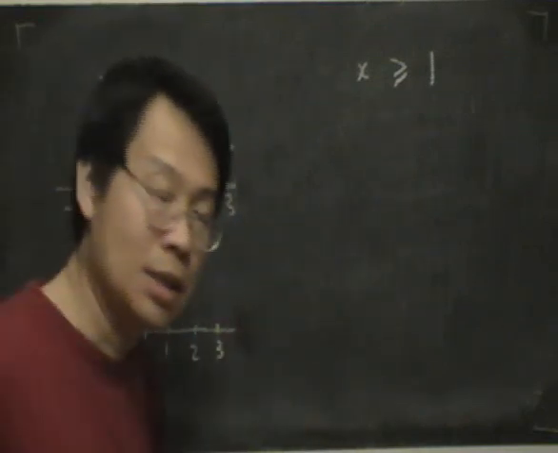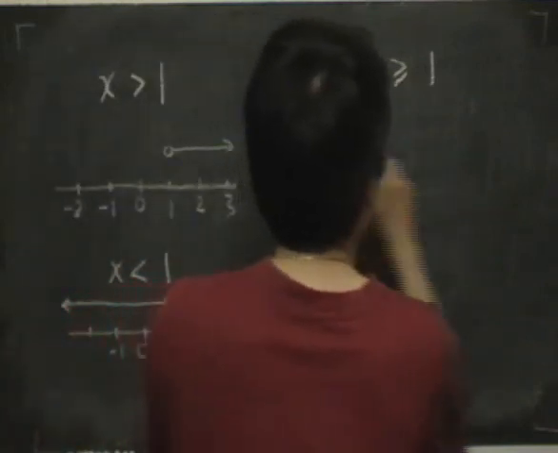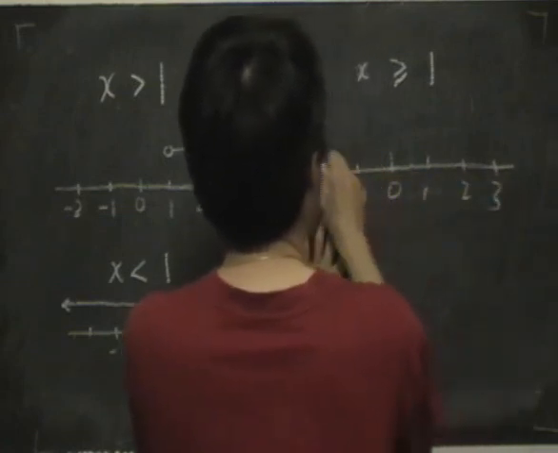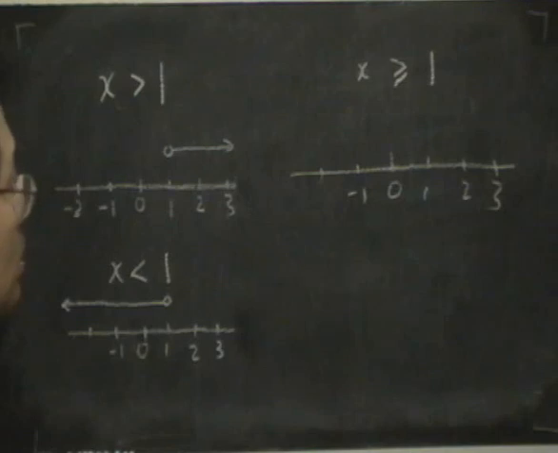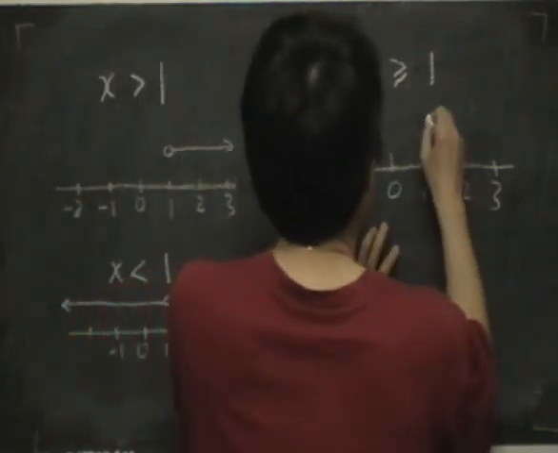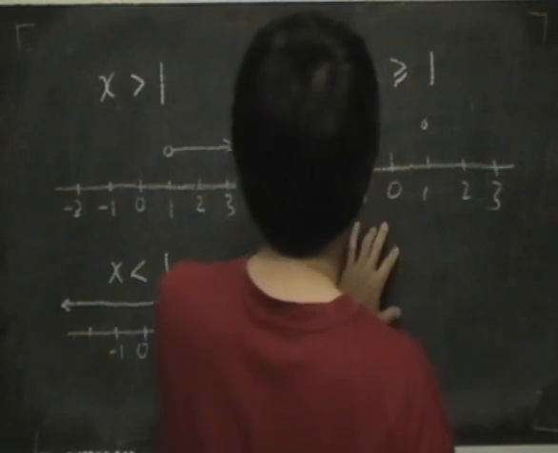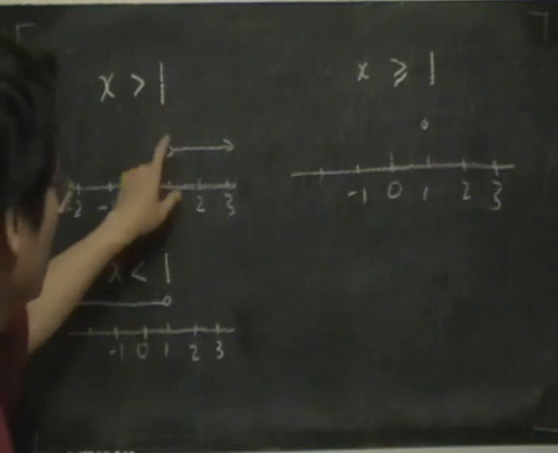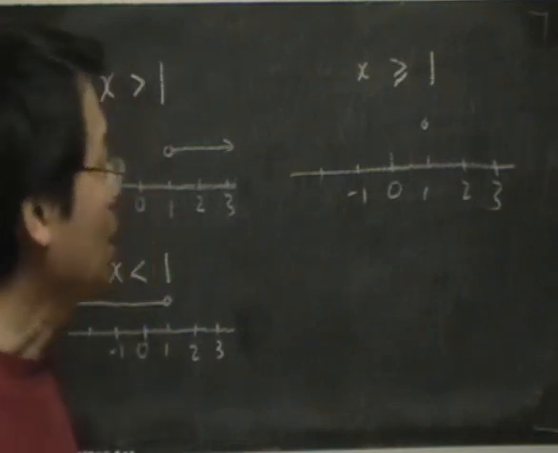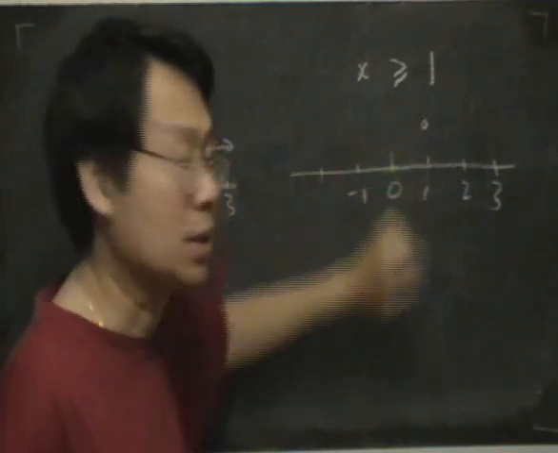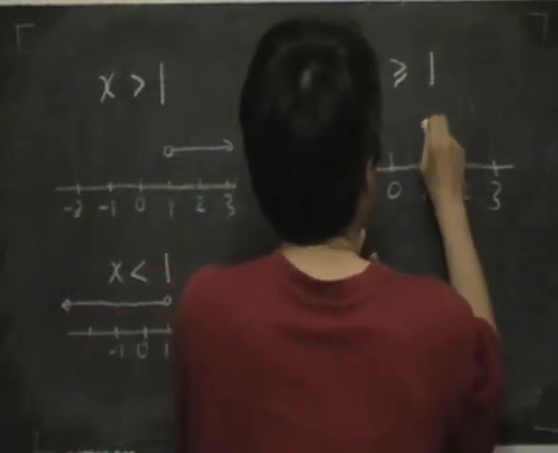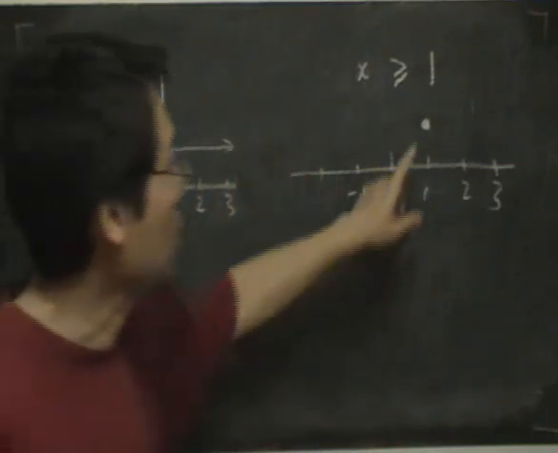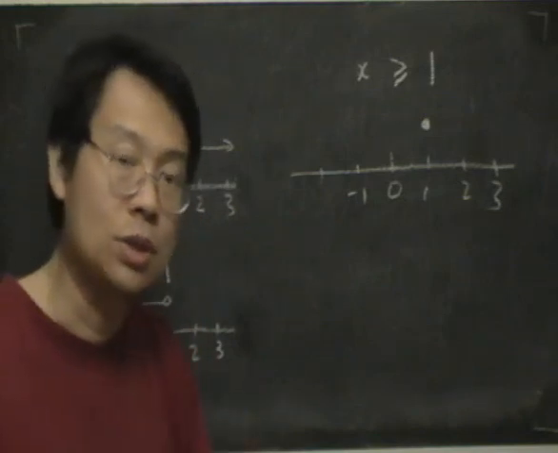So let's see how to represent that on the number line. 0, 1, 2, 3, minus 1, and so on. Okay, now I would draw that little circle on top of the 1 again. Now this time, instead of an open circle like this, I'm going to fill the circle, so that it's like a dot or a solid circle.